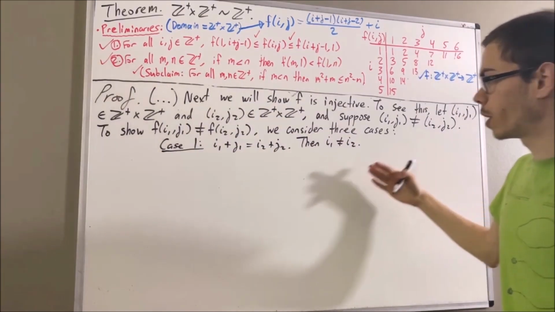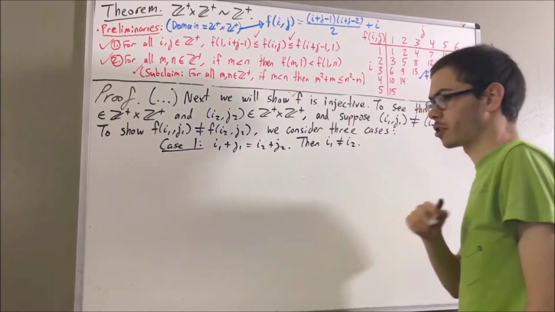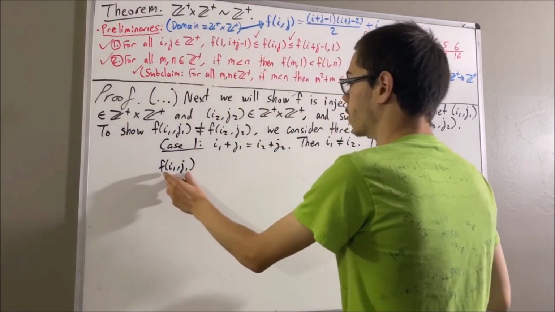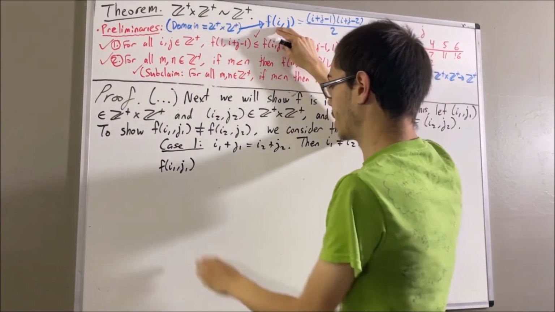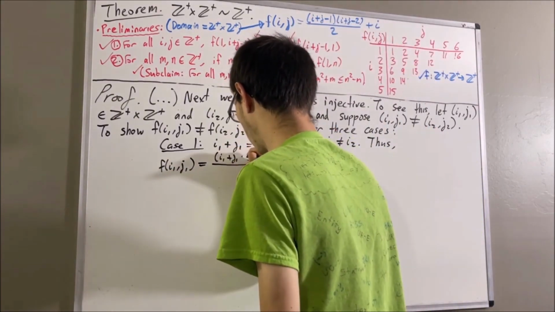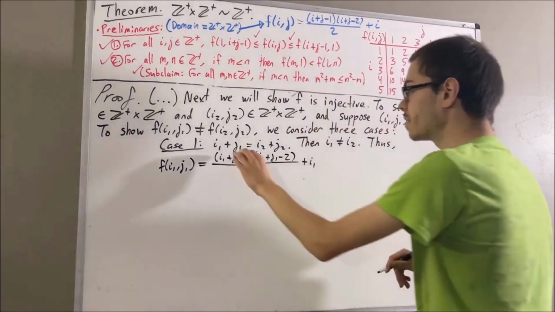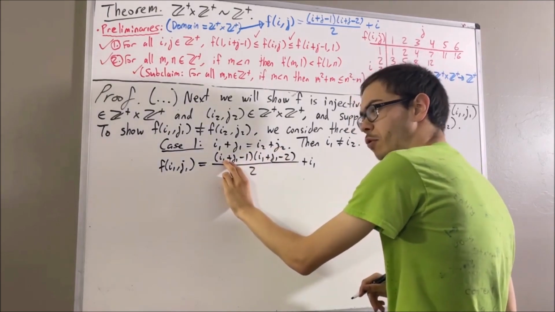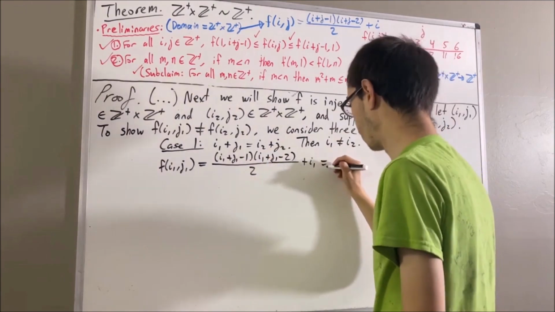And now, we're ready to show that these two are not equal. And to see how that comes together, check this out. If we apply the formula for function f, we replace everywhere we see an i with i1, everywhere we see a j with j1. Now, since i1 plus j1 is equal to i2 plus j2, we can replace i1 plus j1 with i2 plus j2.